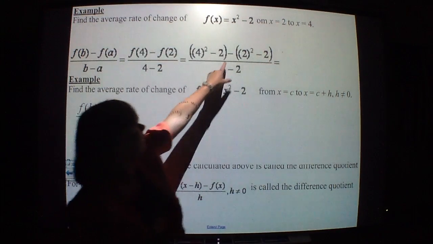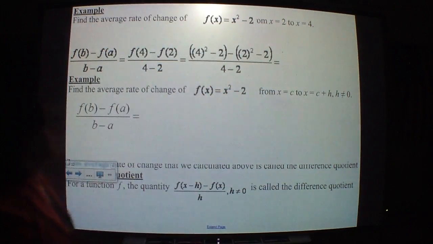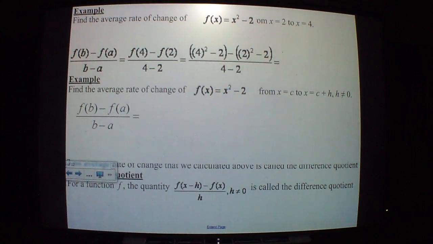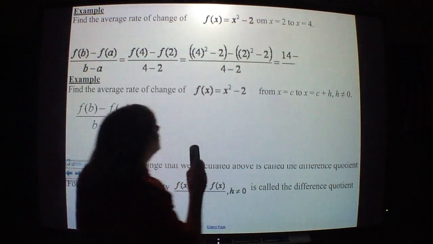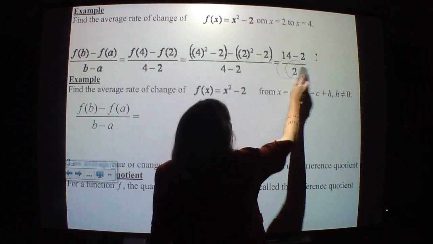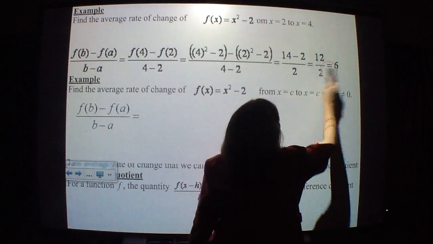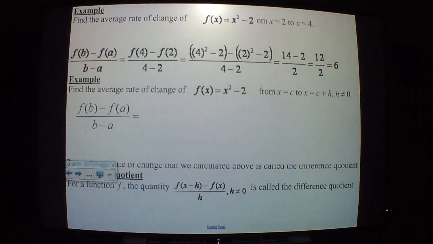Be really careful, because if you have x's in here, you do want to definitely have that parenthesis, because you'll distribute that negative. So 4 squared is 16 minus 2 is 14. 2 squared is 4 minus 2 is 2. 14 minus 2 is 12. So the average rate of change is 6.